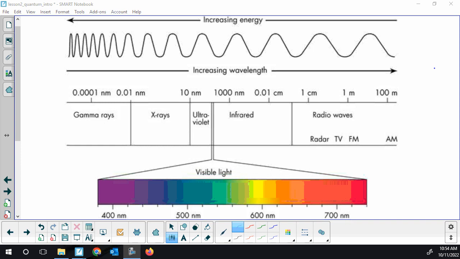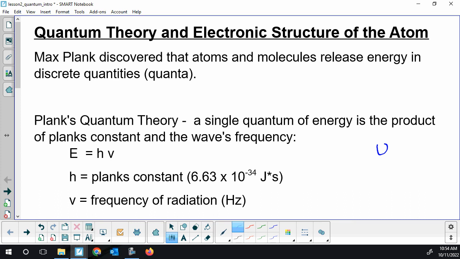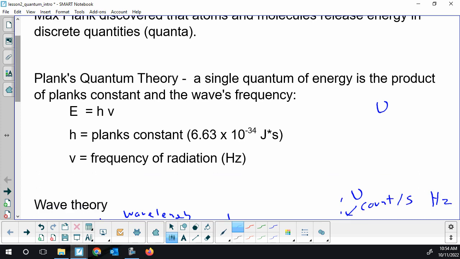So we have our arrow for increasing energy, which corresponds to increasing wavelength. So this side is our high energy, because all we care about is frequency. Energy is a constant times nu. So that's our focus.